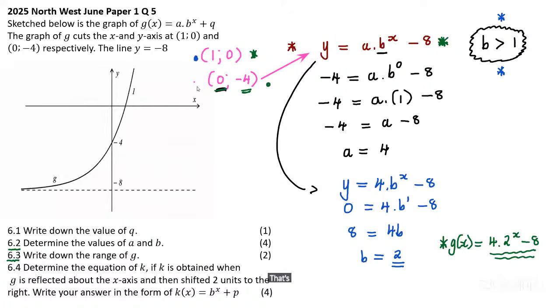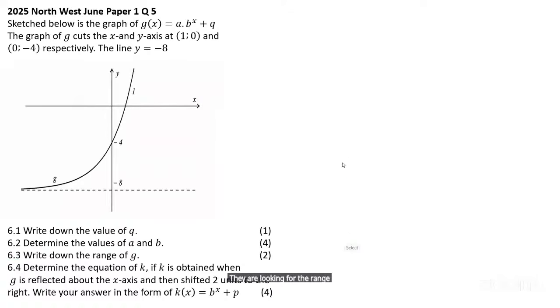That's 6.2. Let's try 6.3. They are looking for the range. Now, in graphs, the range speaks to y values. So when you talk about the range, you are talking about values of y. You are concerned about y values that your graph can take. If you look at the graph, the restriction is on y is equal to -8.